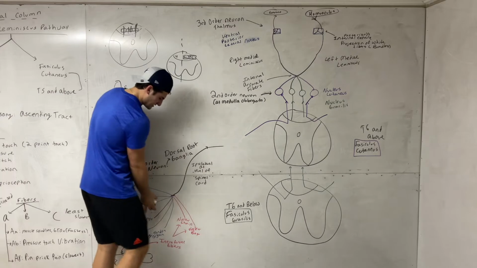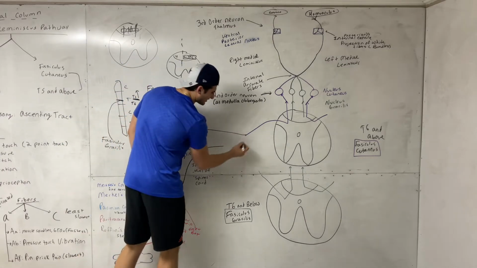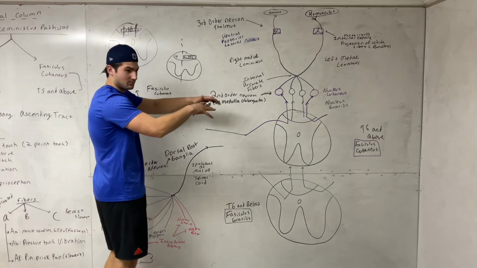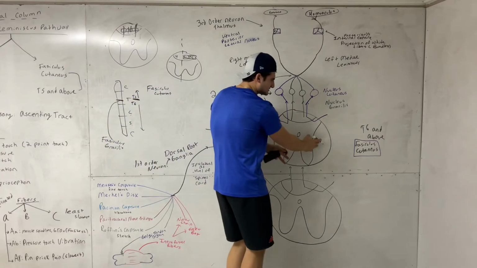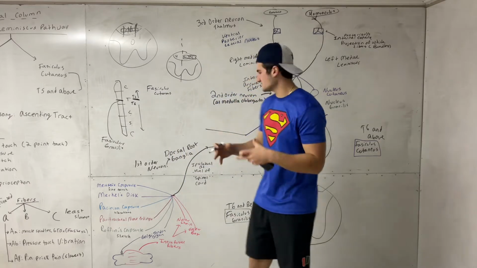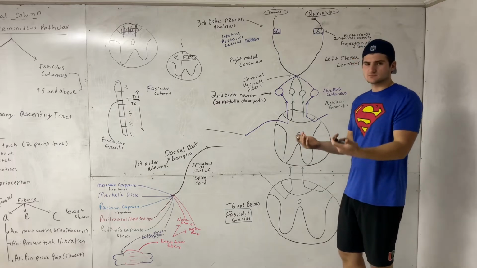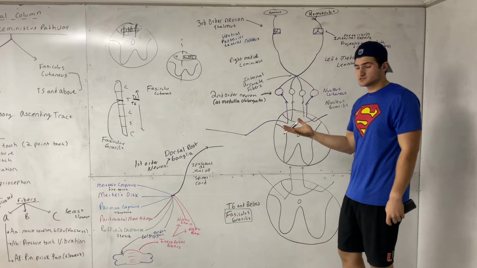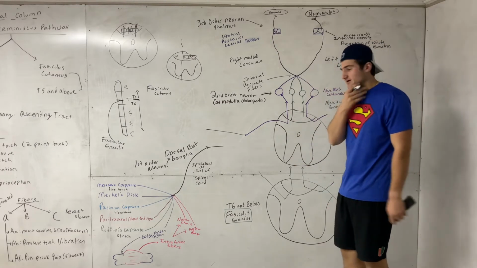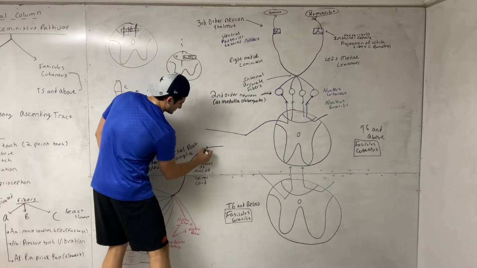If you're getting all the different sensations from above T5, we're going to come above T5. So this represents all the spinal column regions above where? The thoracic, the fifth spinal nerve. Above thoracic 5. So I'm just going to draw them like that.